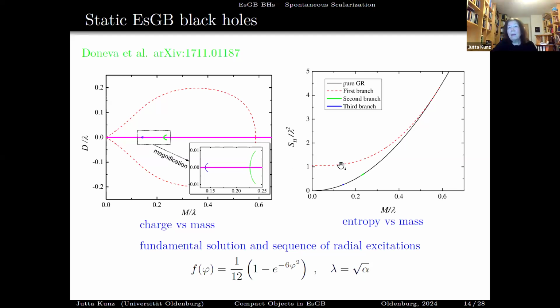Interestingly, the entropy is larger for the scalarized solution than for the Schwarzschild solution. So that indicates that one would have stability.